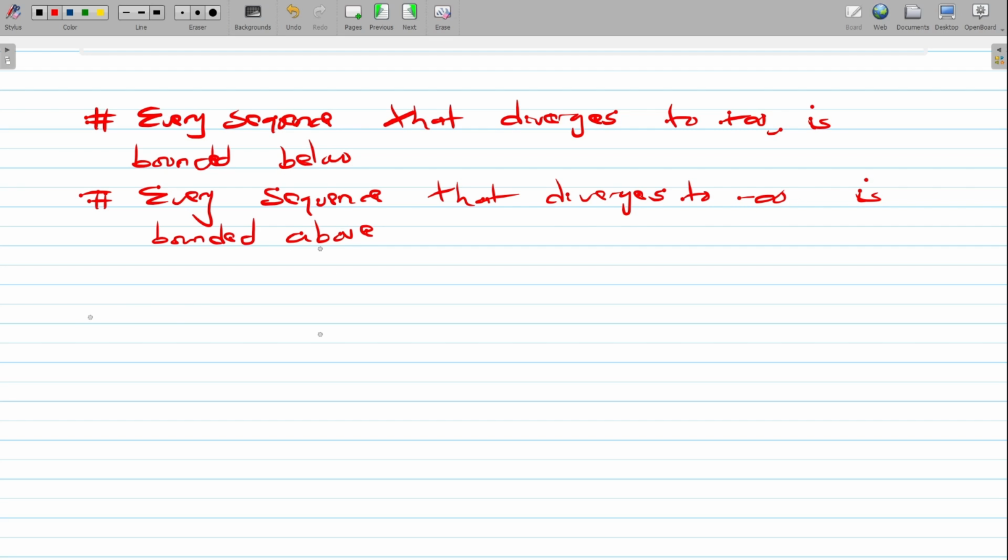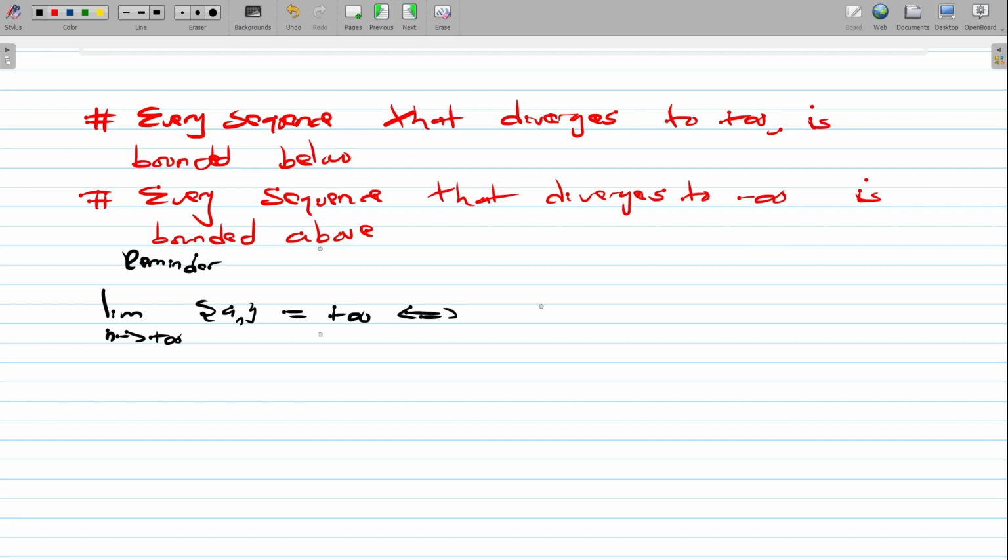Now let me first of all write what it means for a sequence to have limit positive infinity and a sequence to have limit minus infinity. We say that the limit as n goes to infinity of some sequence s_n is equal to positive infinity.